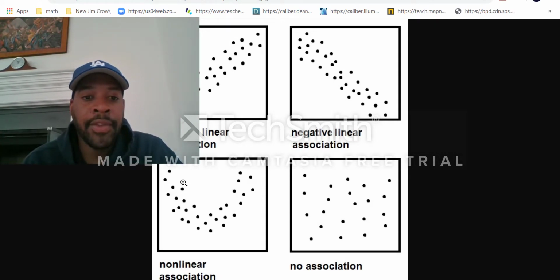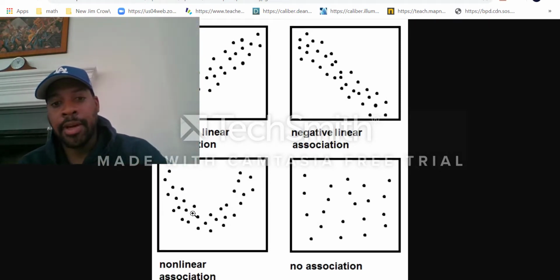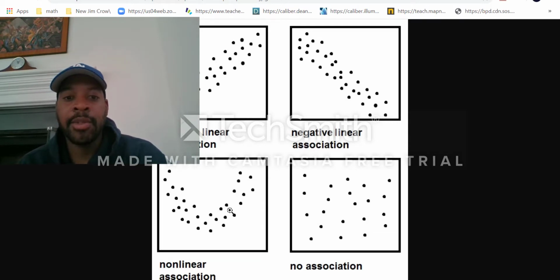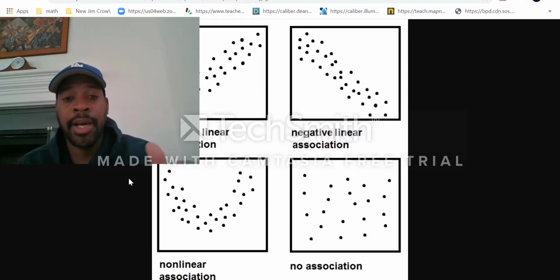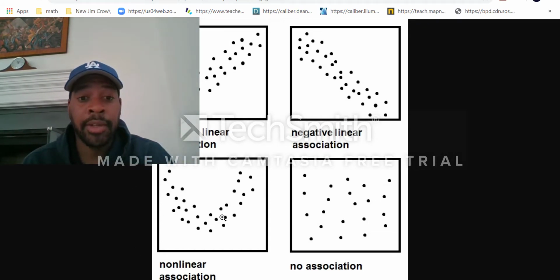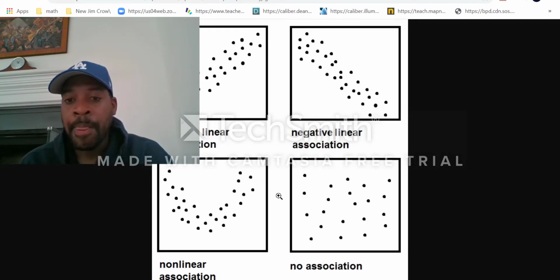And then you have the nonlinear, where your points start negative, go up positive, go down negative, and then come back up positive. So it's not in a straight line, whether it's negative or positive. You now have what would be called a parabola once you get to some higher math. And then here, there's no association.